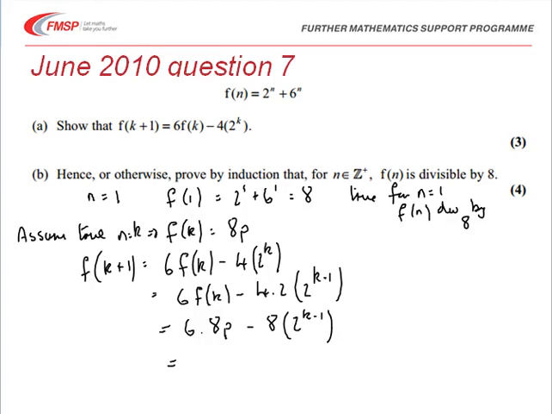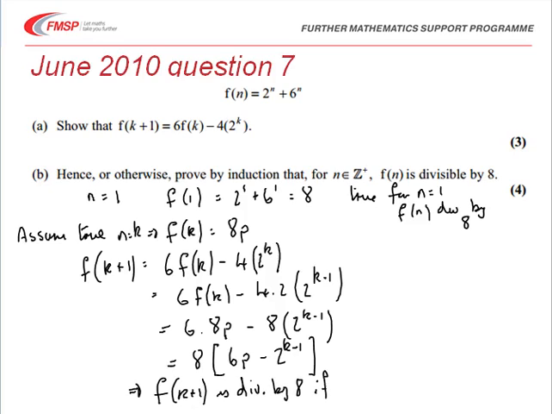So this is equal to 8 times 6p minus 2 to the power k minus 1. And so it's divisible by 8. So f of k plus 1 is divisible by 8 if f of k is divisible by 8.